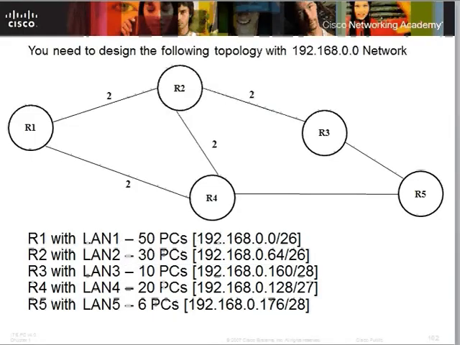Here I am giving a specification. The requirement of R1 is that it needs to be connected with 50 PCs. So 50 PCs should have 50 IPs. Now there is something called the concept of gateway. What is a gateway?